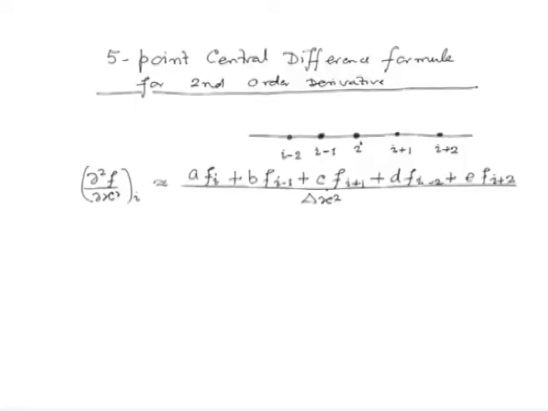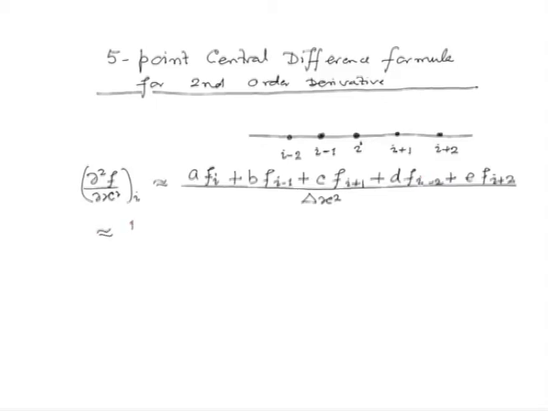So we have 5 unknown coefficients which we must determine using Taylor series expansion, and let us do that straight away by putting expanded forms for f_{i-1}, f_{i+1}, f_{i-2} and f_{i+2} on the right hand side.